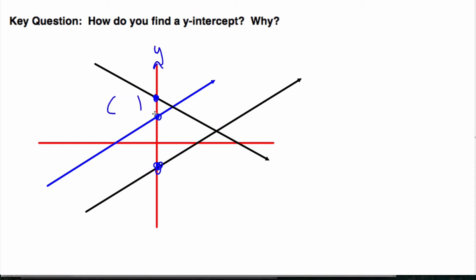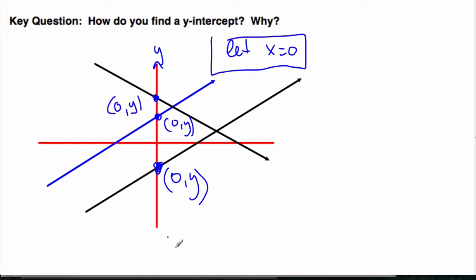I go over 0 in x and up some value y. Here I go over 0 in x and up some value y. Here I go over x of 0, up some value y. So every time I want to find the y-intercept, I let x be 0.